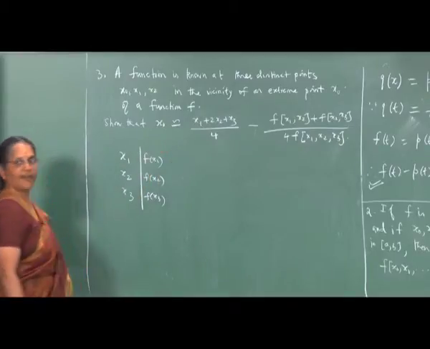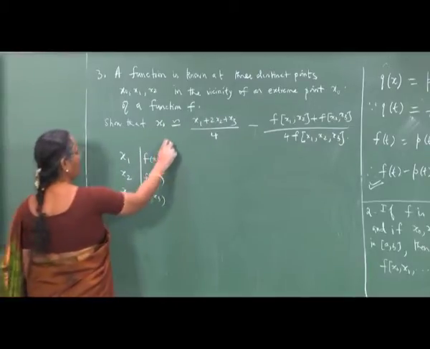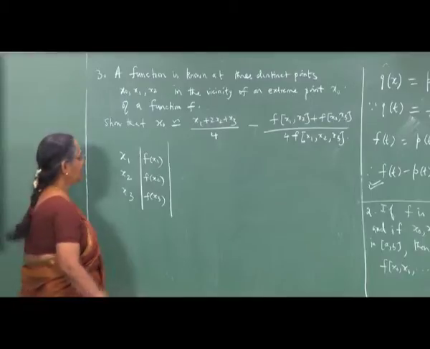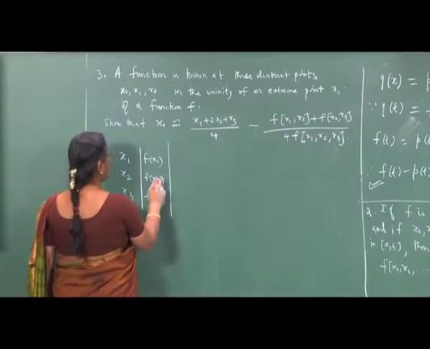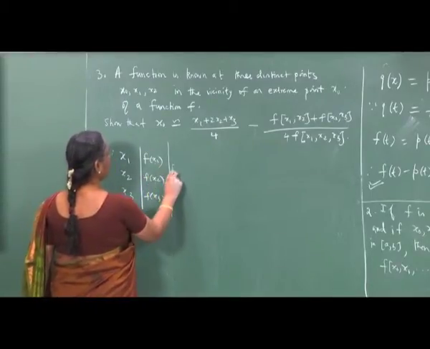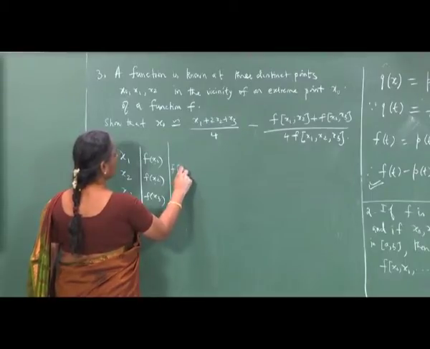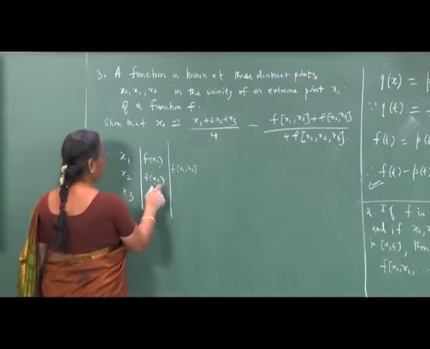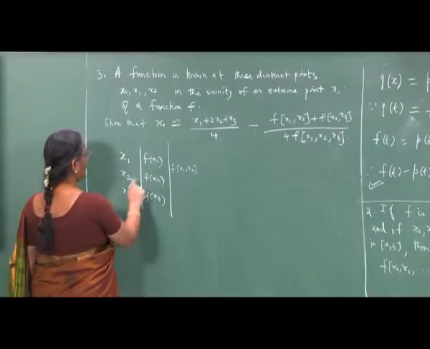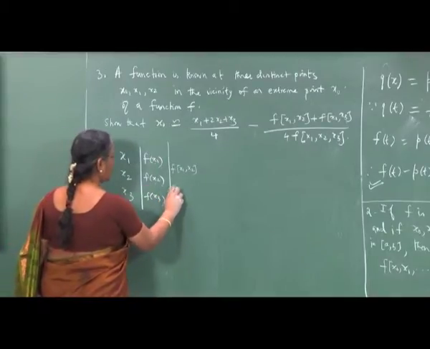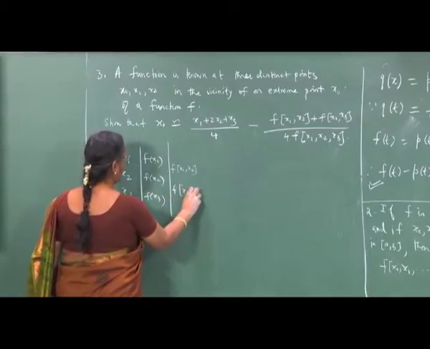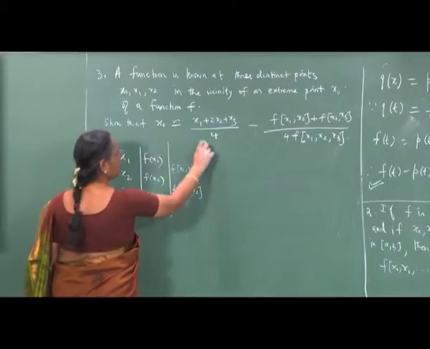Since the result involves divided differences, we immediately form the divided difference table. So, if I find the difference between the two, that will be f of x1 comma x2, which will be f of x2 minus f of x1 by x2 minus x1, and this will give me f of x3 x2.